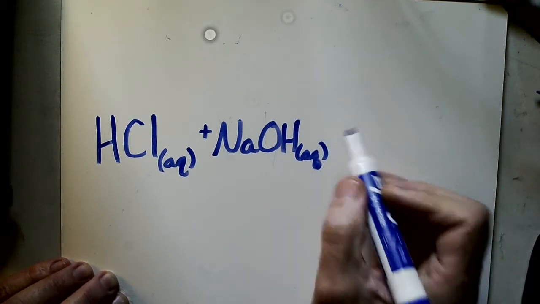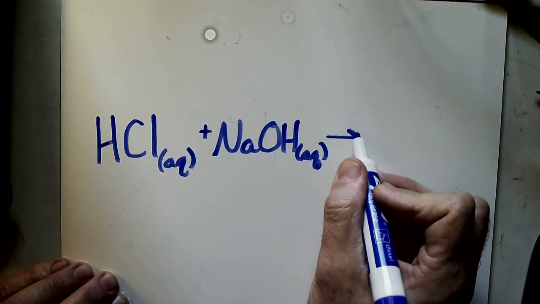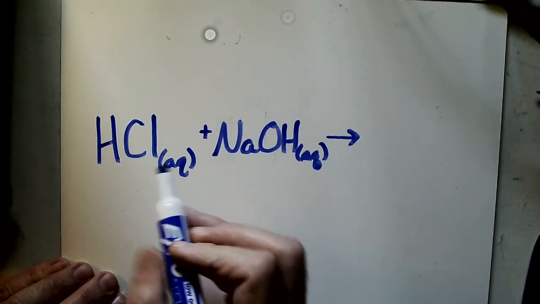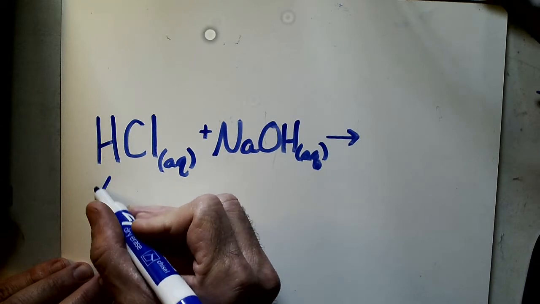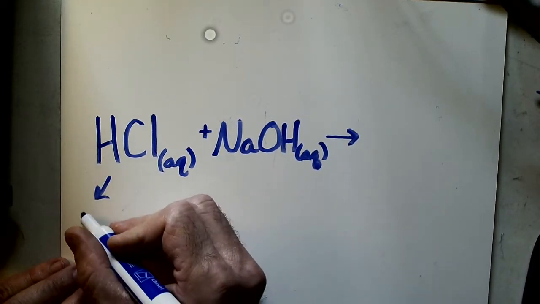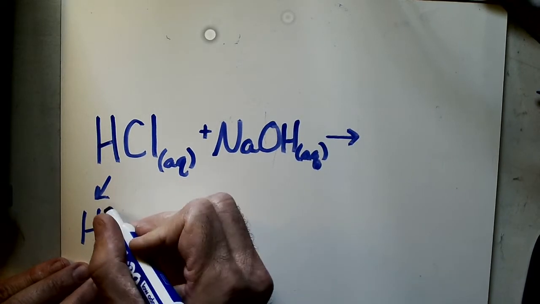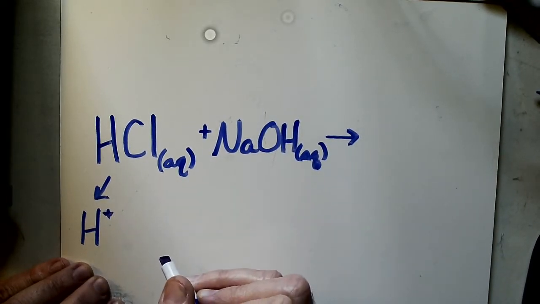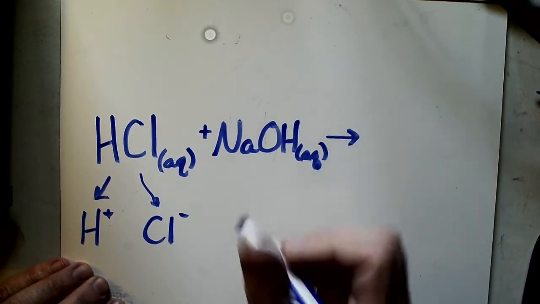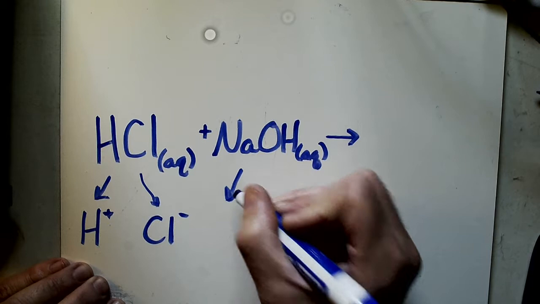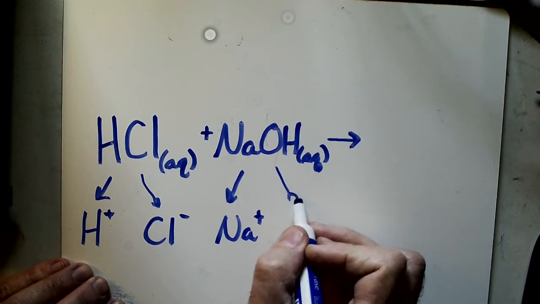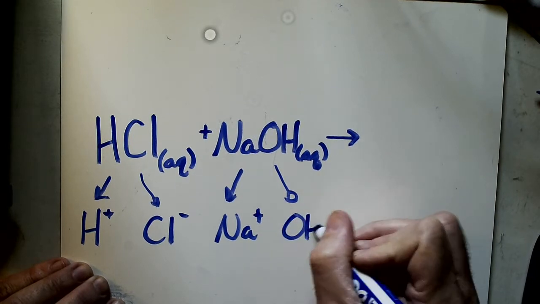Now, what's going to happen is the ions are going to switch. This isn't in the notes because it's hard to draw in the notes, so I would put this in there. The hydrogen ion is going to break off, the chlorine ion is going to break off. Same thing over here. The sodium ion is going to break off, and the hydroxide ion is going to break off.